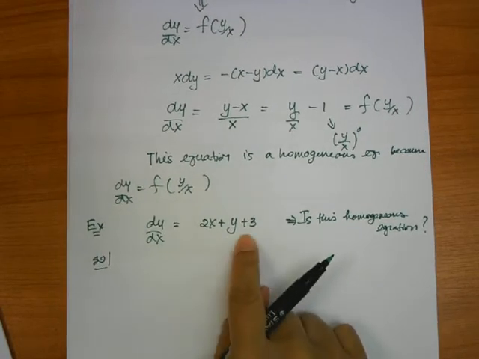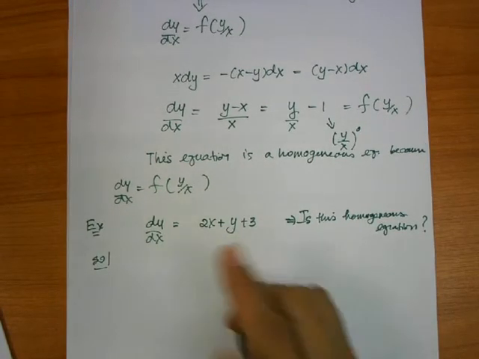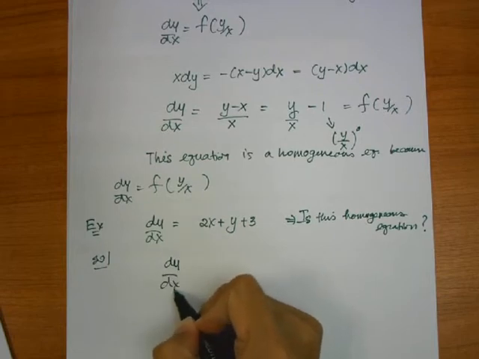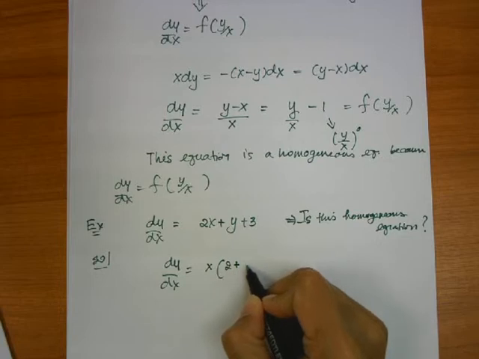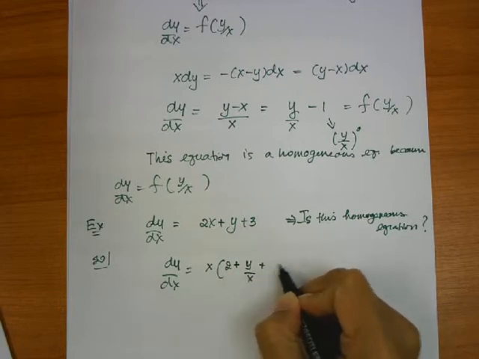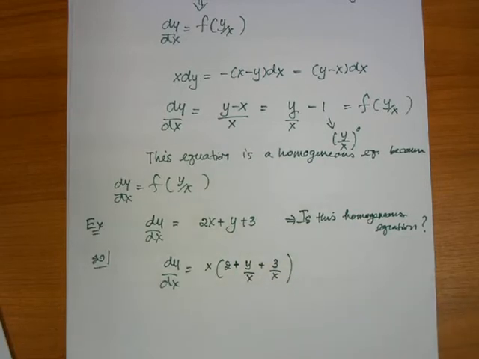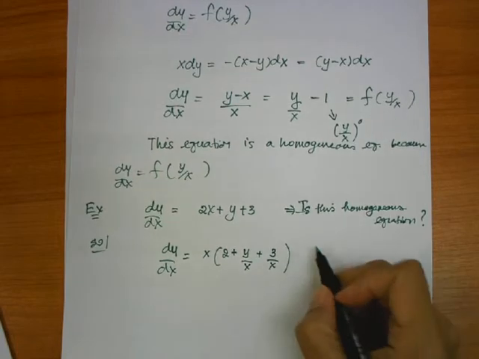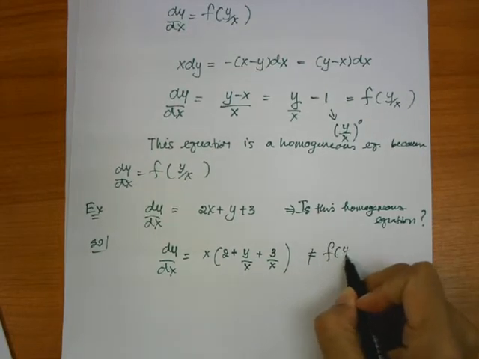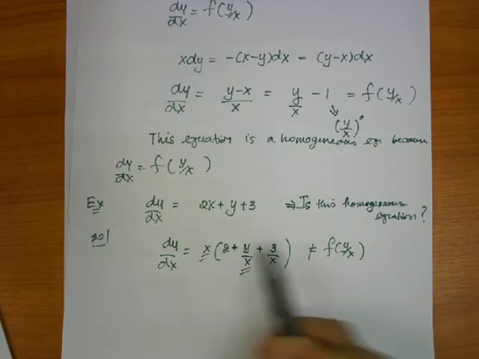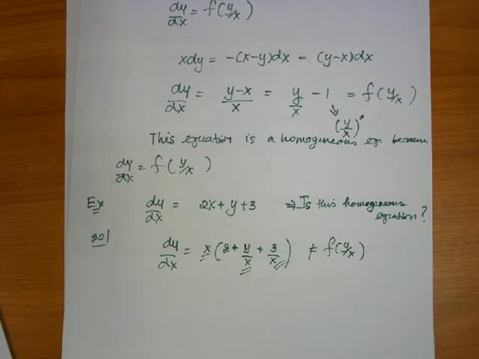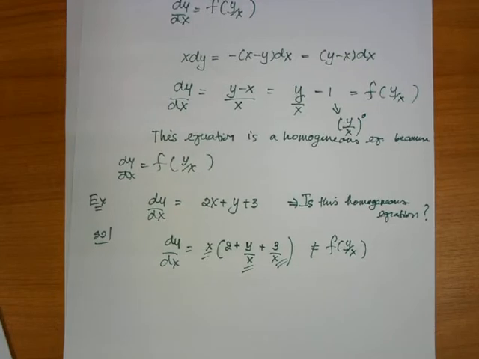You've got to arrange it again. We find that dy by dx is equal to, if I take x out, is this a homogeneous equation? We have y over x there, but this term is not y over x, and this term is not y over x. So it's not a function of y over x. So I would say that this equation is not a homogeneous equation.